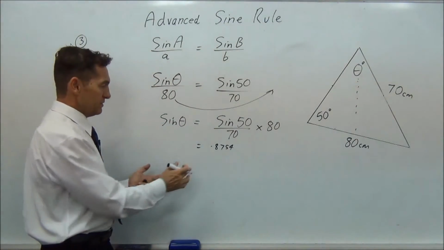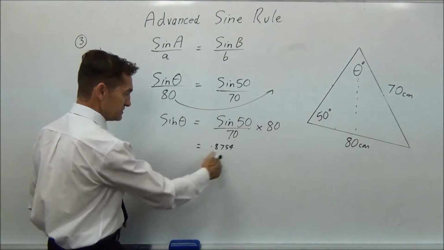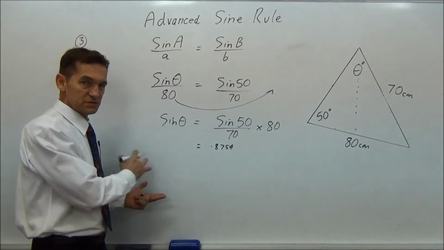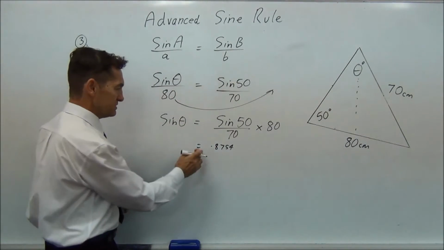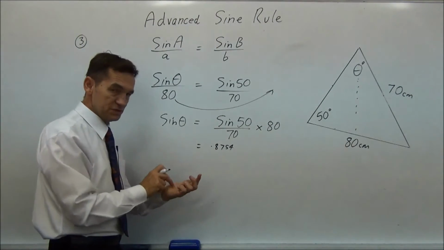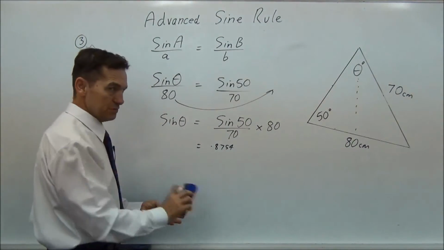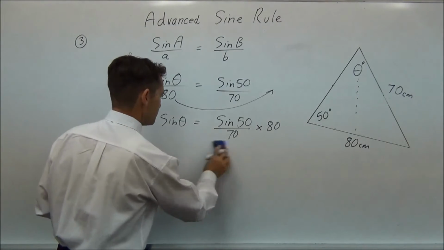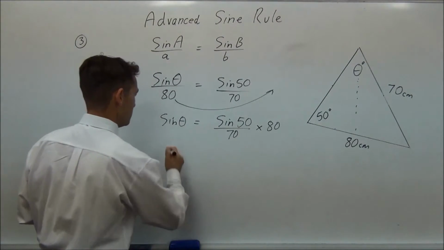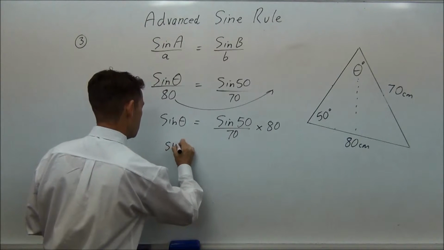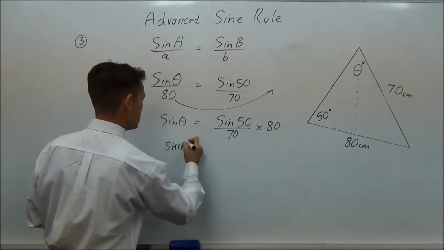Now that's one step to do it. I think it's easier if you press the whole lot all at once. So instead of doing that and now pressing shift sine on your calculator, I think it's much easier if you just do it all in one step. From there, you would press on your calculator shift, because we don't want sine.